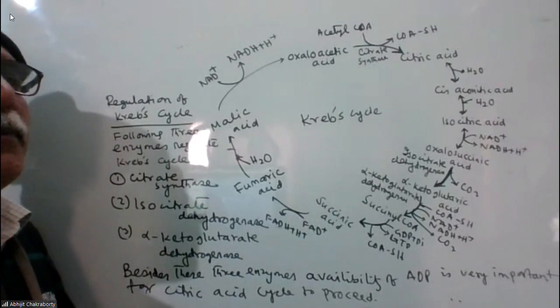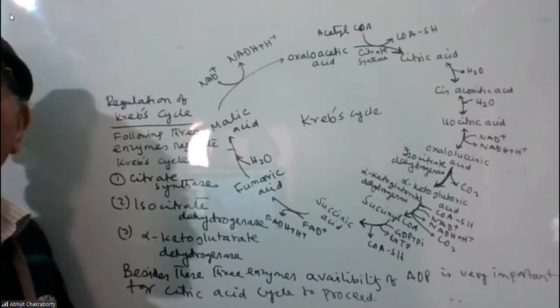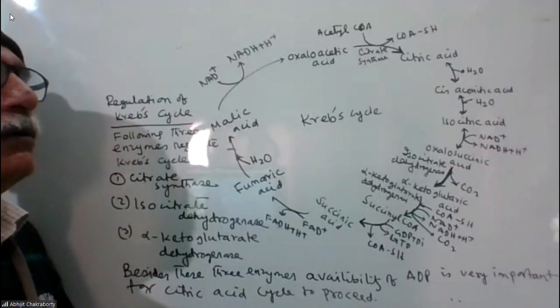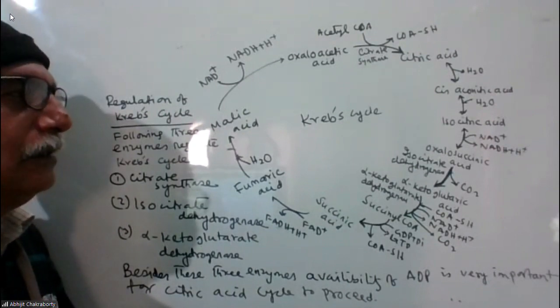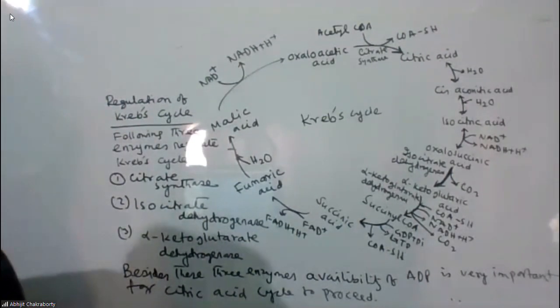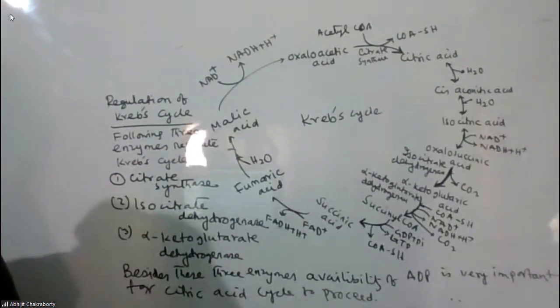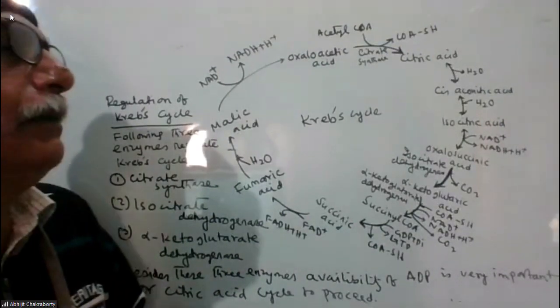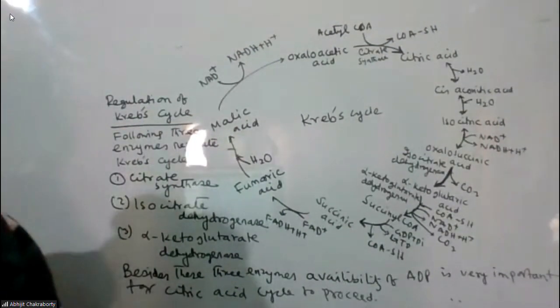So there are some intermediates formed in Krebs cycle that may be utilized in the synthesis of other compounds. Remember these things. Alpha-ketoglutarate is utilized in the synthesis of glutamic acid. Succinyl coenzyme A is used for the synthesis of heme and porphyrin of hemoglobin.